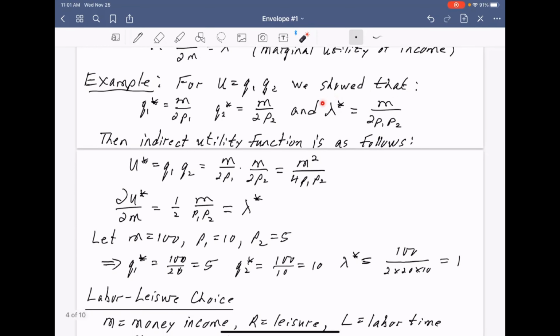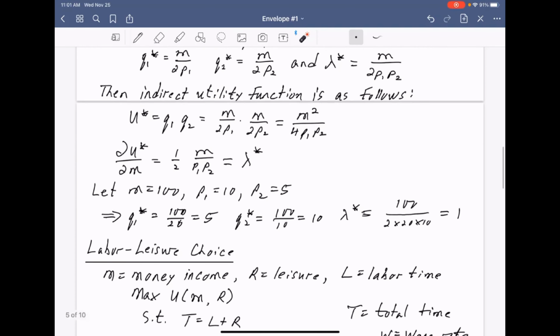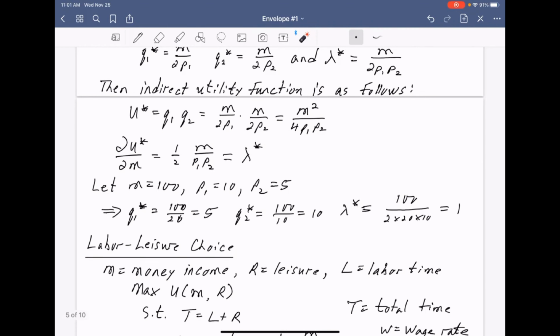All right, which is up here, which we showed earlier. So we take the derivative of that indirect utility function and we come up with lambda star, which is, of course, our marginal utility of income.